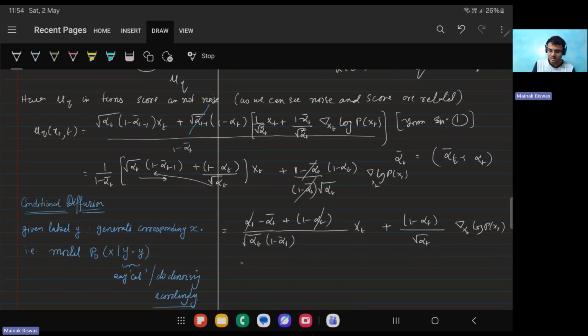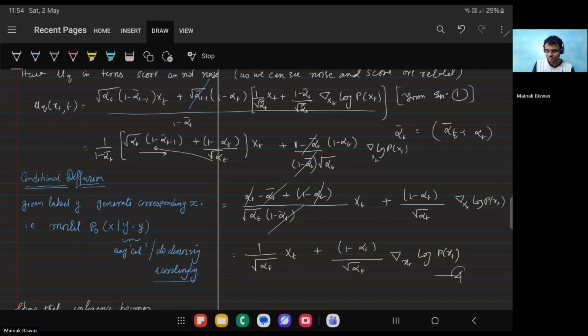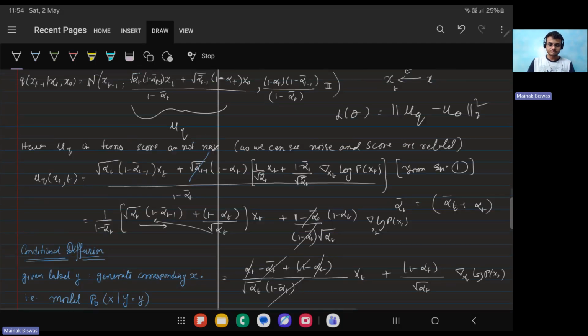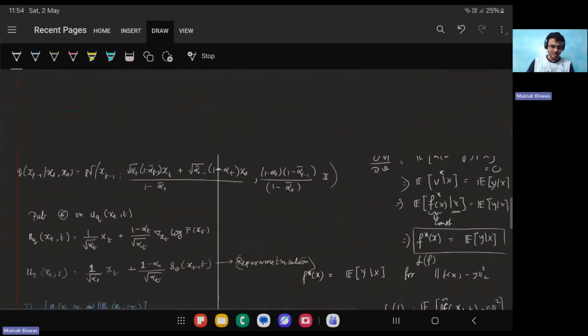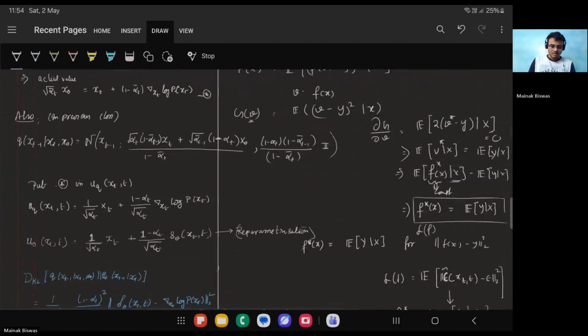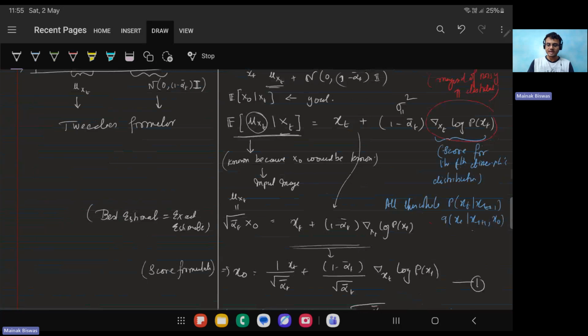And then this denominator also gets cancelled with this term. So we get 1 by root alpha t xt plus 1 minus alpha t by root alpha t with the gradient of xt log of p of xt. So this is my equation 4, right? Is this correct? Let me just check. Yes, this is correct.